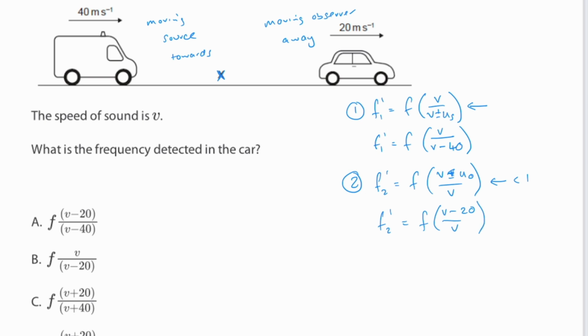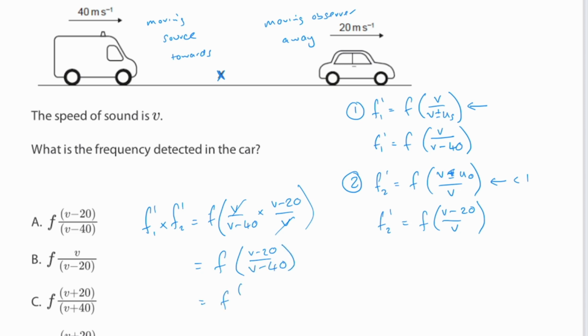Just as we did in the last question like this, we have to then take these two shifts and multiply them. So we've got f v over v minus 40 times v minus 20 over v. These two v's cancel, and we're left with f v minus 20 over v minus 40, and the answer is A.